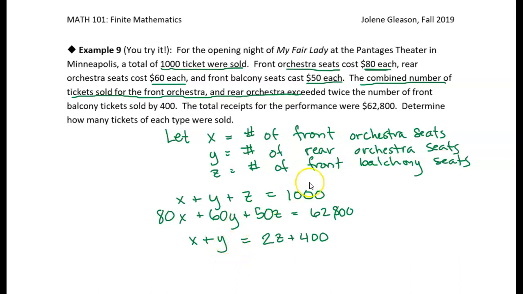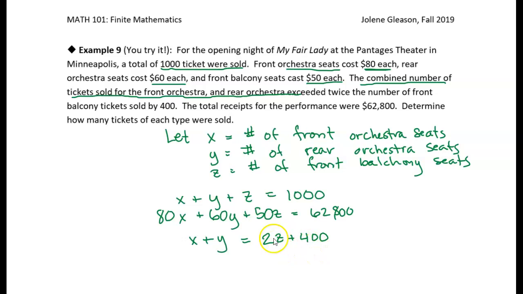Okay, that's kind of a trick to decipher those words and turn them into equations. But the combined number of front orchestra and rear orchestra exceeded twice the front balcony by 400. So that's just meaning we add it.